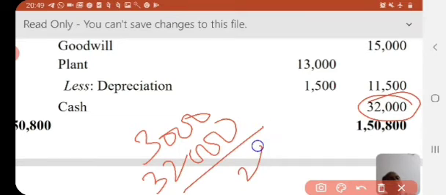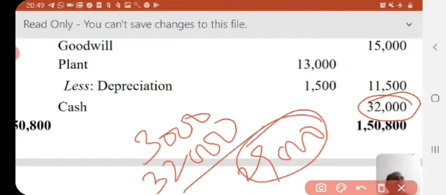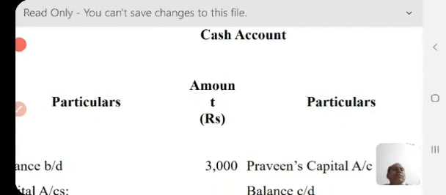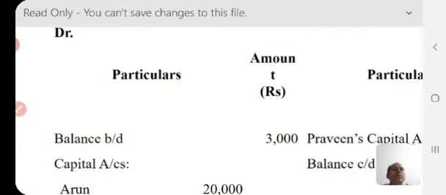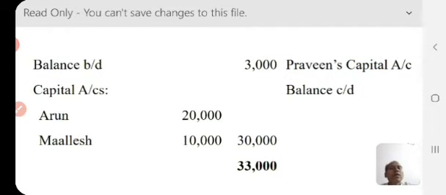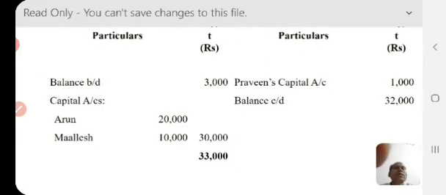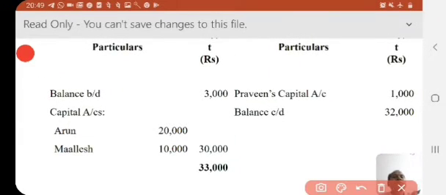How is the extra 29,000 arrived at? For this we will have to see the cash account. See this cash account: 3,000 is the starting balance.